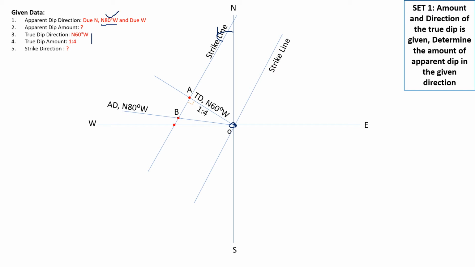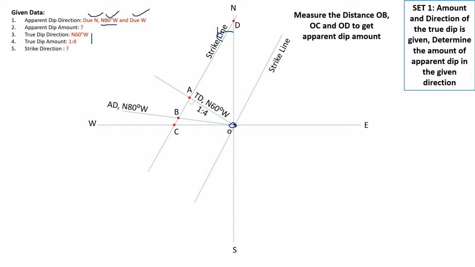Same way I'll measure it for due west. Wherever the strike line cuts this west line, I'll mark it as point C. If I measure the distance OC, I'll get the apparent dip amount due west. And same way for the north line, if I measure the distance OD, I'll get the apparent dip amount in the direction of due north.